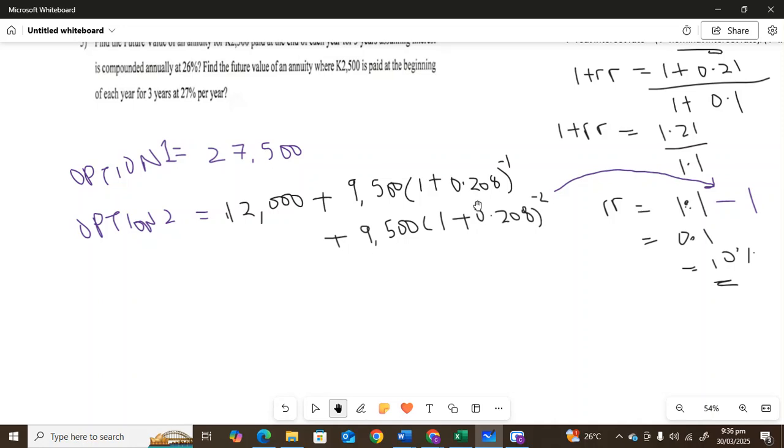What value do we get? Yes, colleagues, 1.208 to the power negative 1.